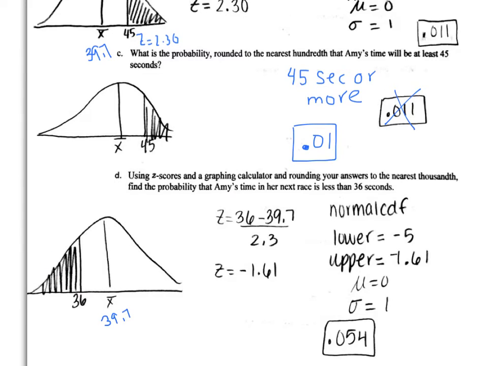So my lower limit is going to be approximately a z-score of -5, because it's our negative infinity, goes to about a z-score of -1.61, and the mean is 0, the standard deviation is 1, so we put this information into the calculator, and to the nearest thousandth, you should get about 0.054.